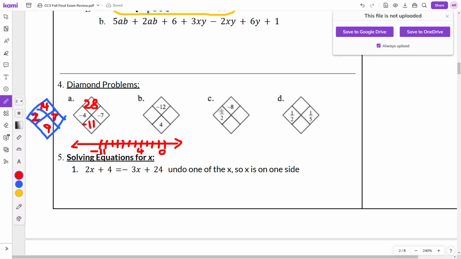Let's look at something a little more difficult. Well, this one looks hard. So let's say we have A and B. So this means that A times B is negative 12. That's a really tricky one. And A plus B is 4.